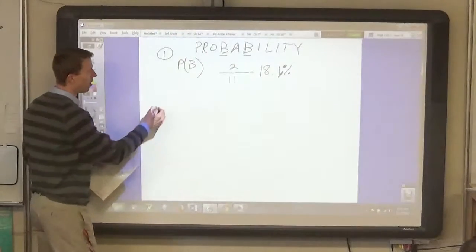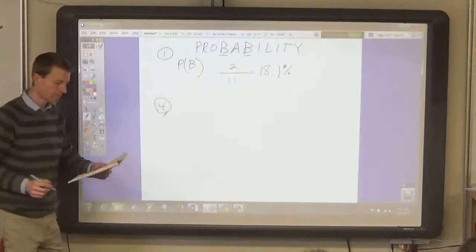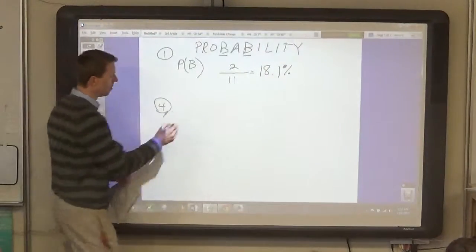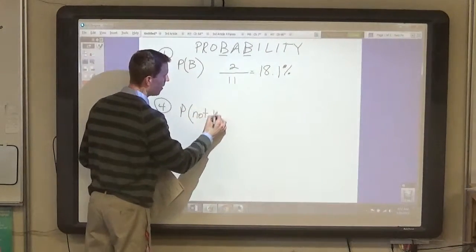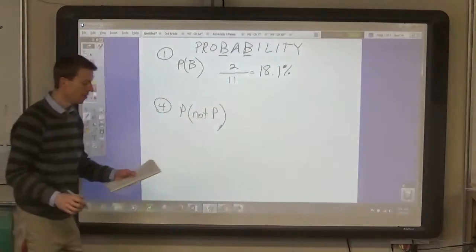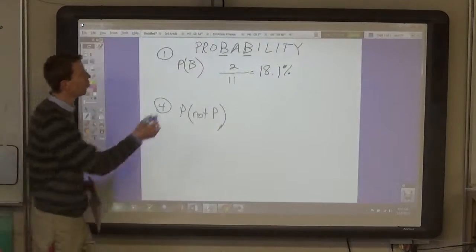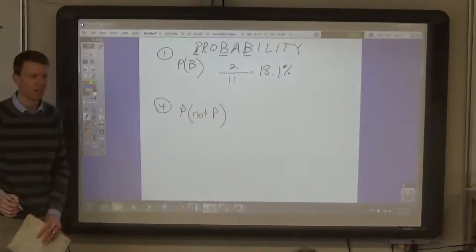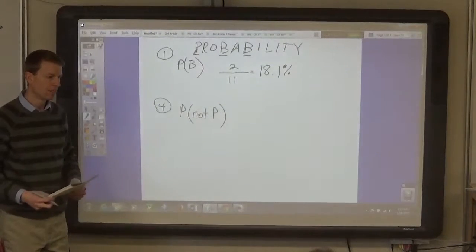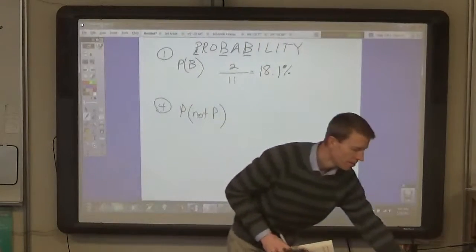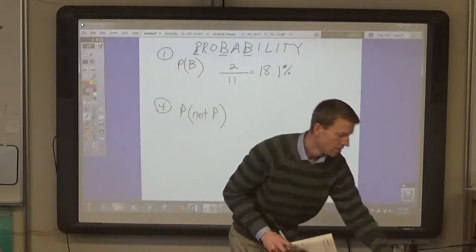Skip to number 4 on the practice side. The probability of not selecting a P. Well, there's one P, so there are 10 chances out of 11.